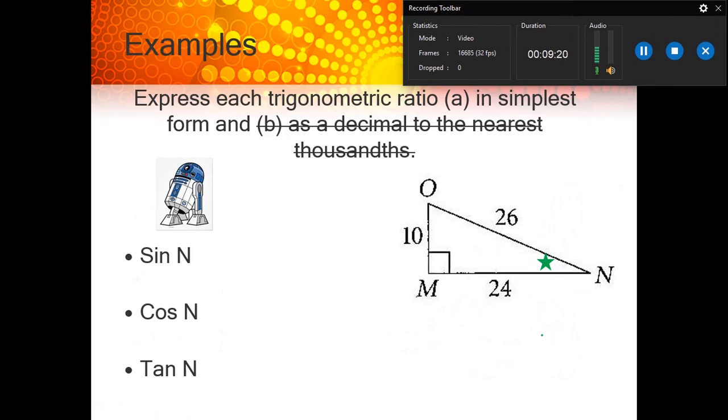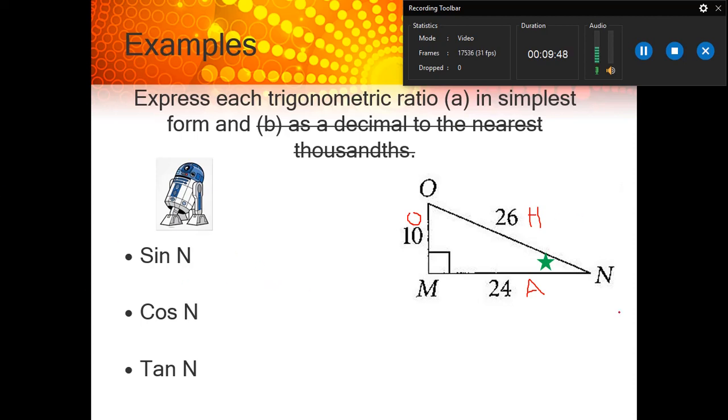In our next example, we have different numbers for triangle MNO. Notice in the example, we're using angle N, so you are here. We're going to classify our sides then based on our location. So 10 is opposite, 24 is adjacent, and with the right angle, 26 is my hypotenuse.